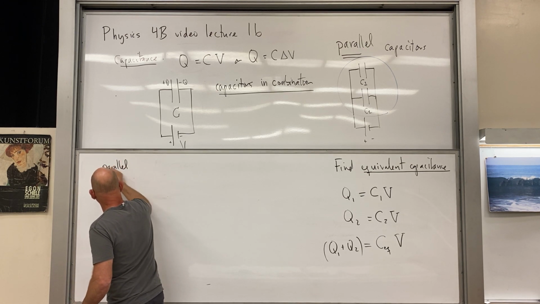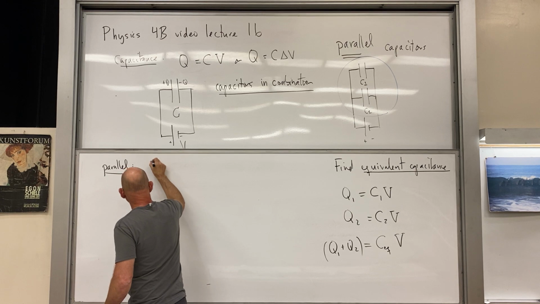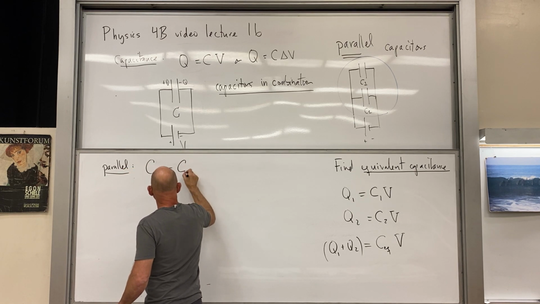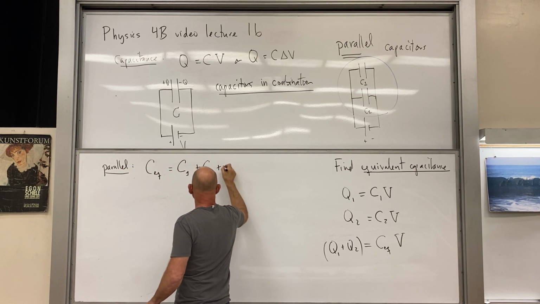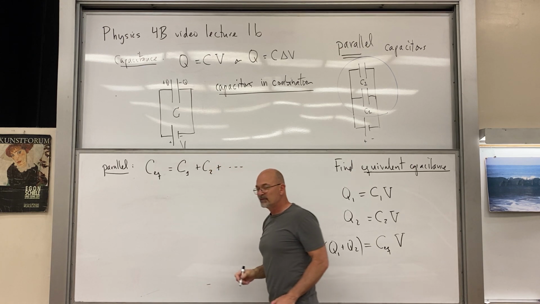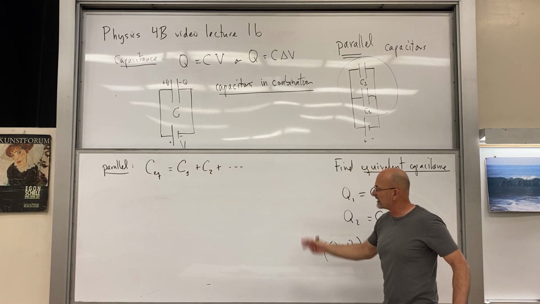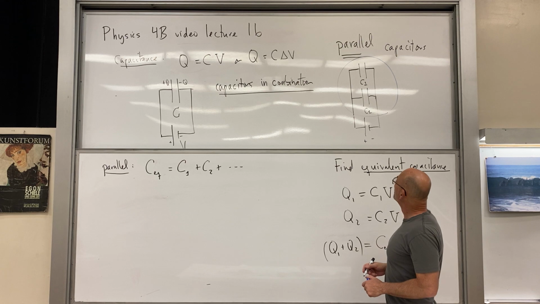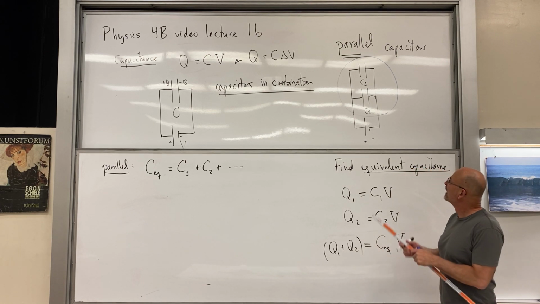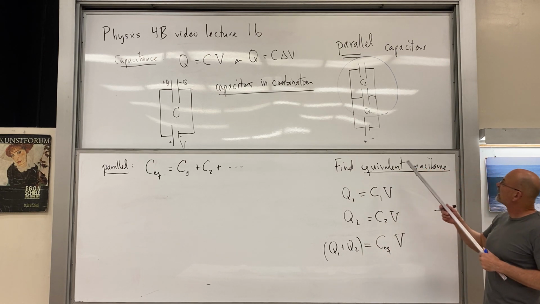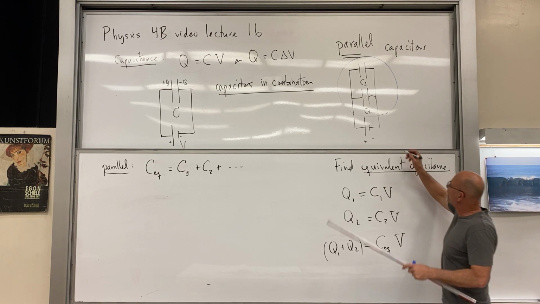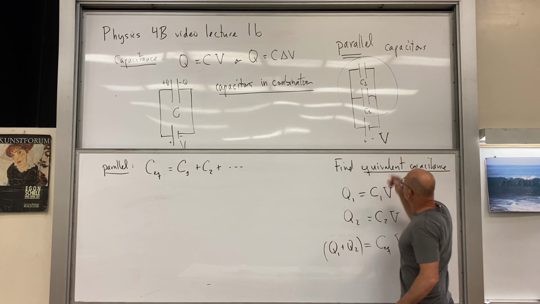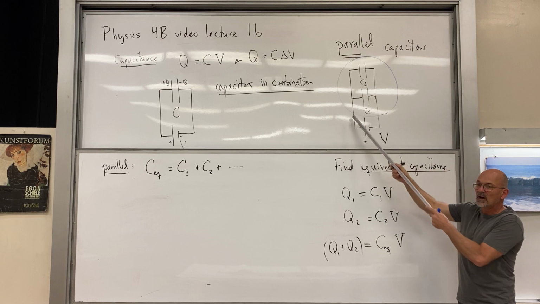We have C equivalent equals C1 plus C2 plus, and so on. If you have 3, 4, 5, then you would just add them that way. So that's the first type of wiring, and it's characterized by the fact that they both have the same potential across them.